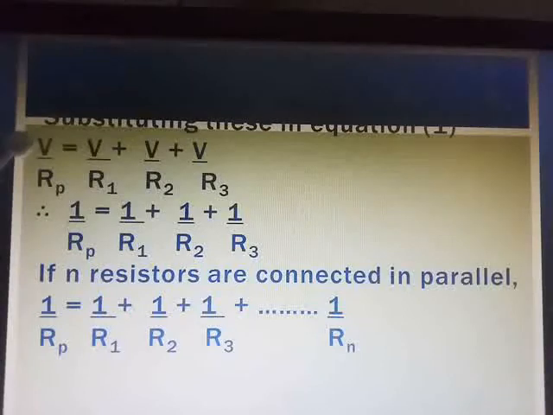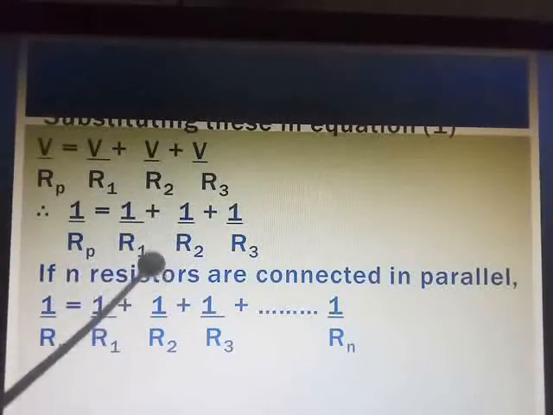If you take V common outside, inside you will have 1 upon R1 plus 1 upon R2 plus 1 upon R3. V on both the sides will get cancelled and your final inference will be 1 upon Rp is equal to 1 upon R1 plus 1 upon R2 plus 1 upon R3.